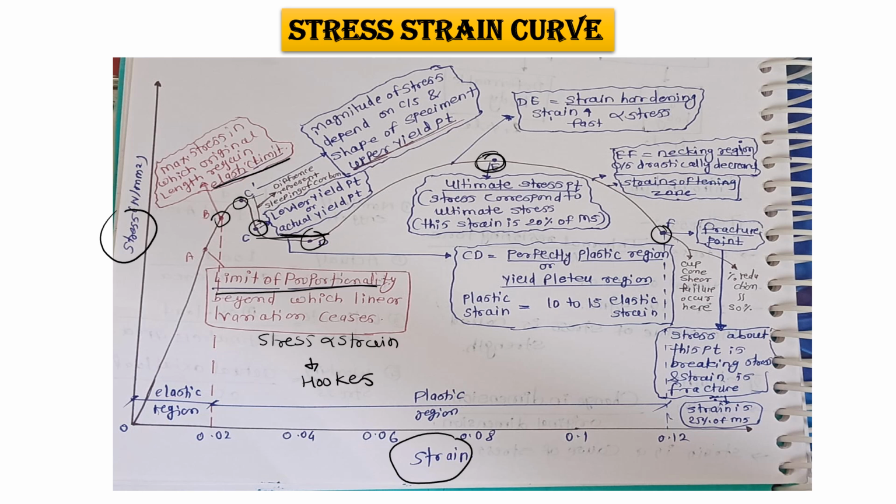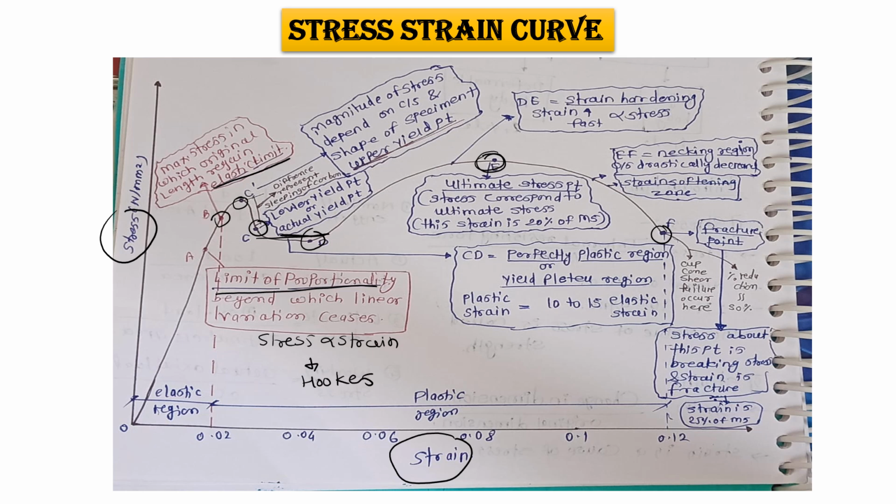The last point is F, the fracture point. At that point, the stress is the breaking stress, and the strain is the fracture strain, which is 25% for mild steel. One more important point: from the start of the graph up to point B, there is an elastic region. After point B up to point F, the region is the plastic region.